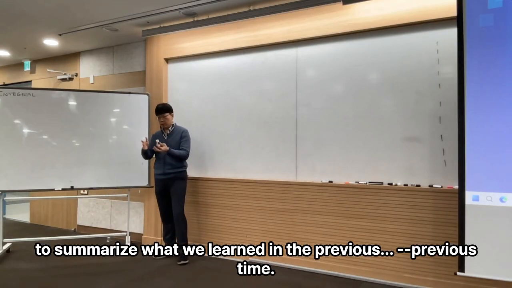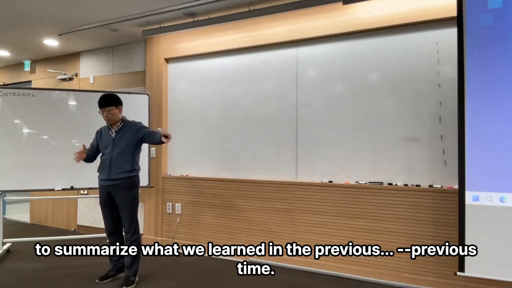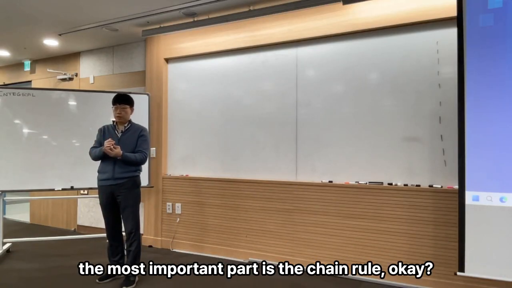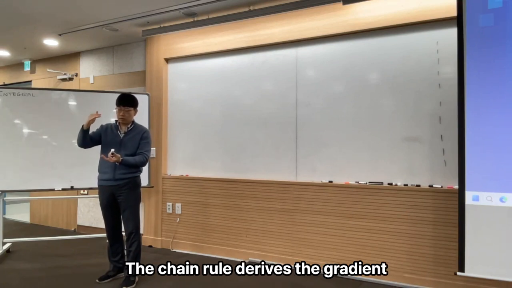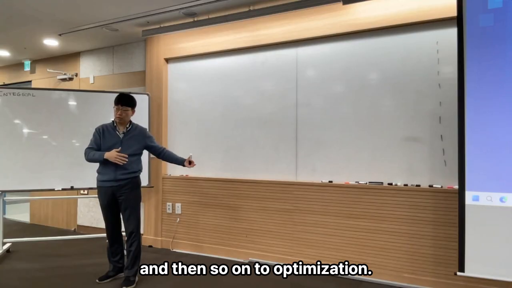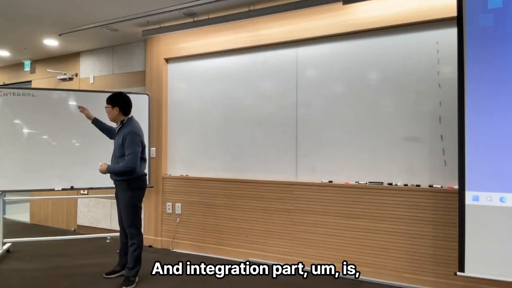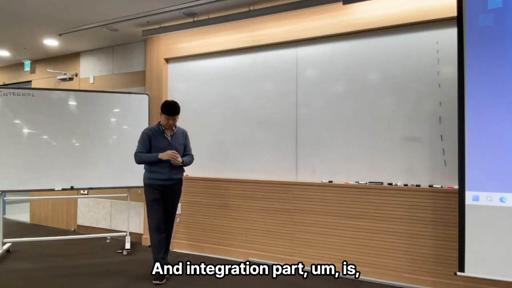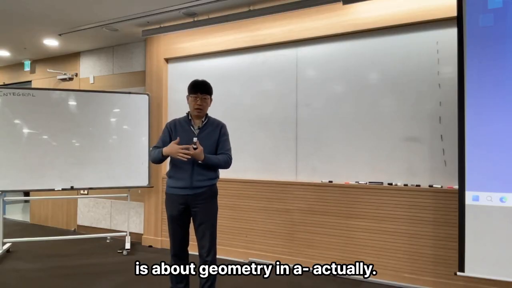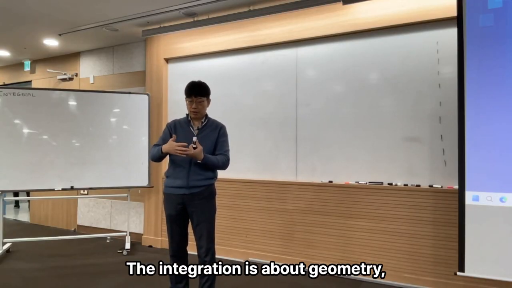To summarize what we learned previously, in the differentiation part, the most important part is the chain rule. The chain rule derives the gradient, and gradient derives the gradient descent, and so on, so optimization. And the integration part is about geometry, actually.